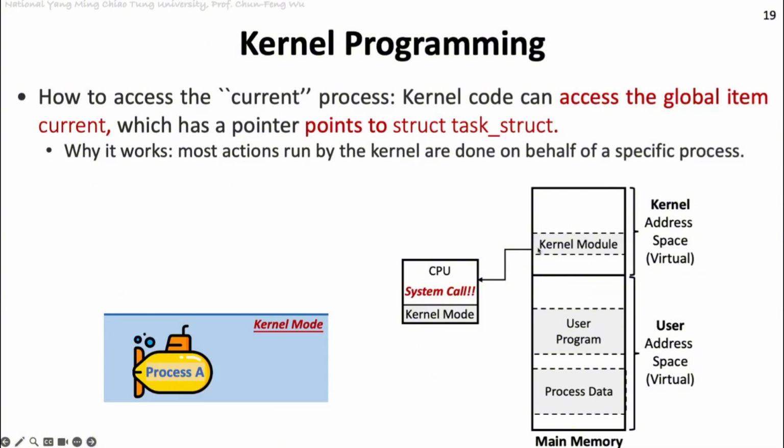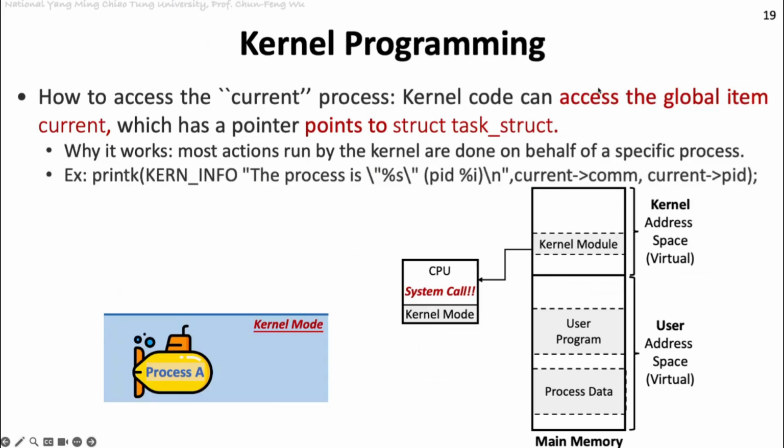So it is possible for the kernel to access the state of the current process like this. If you type printk, which is the print function in the kernel version, there is a structure called current, because it is a task structure.